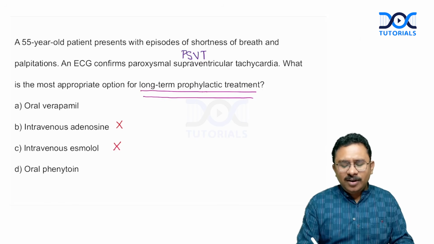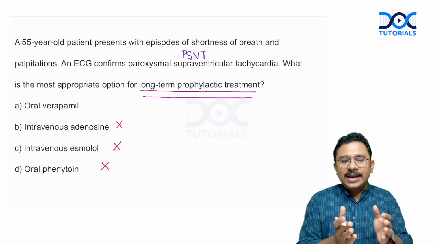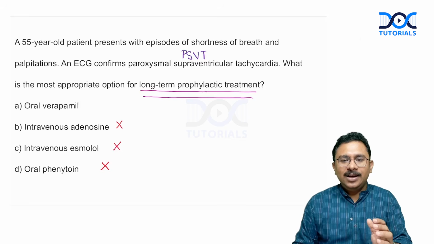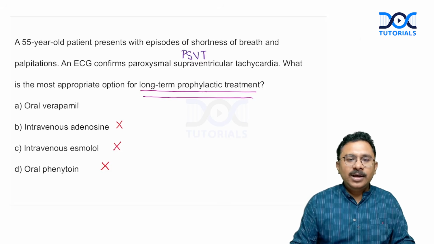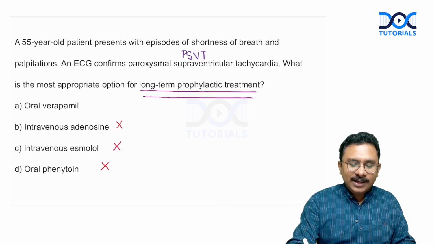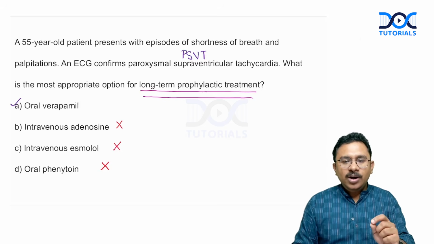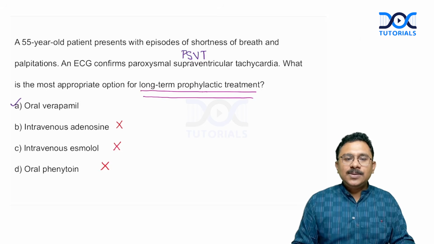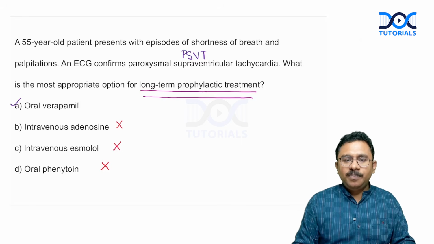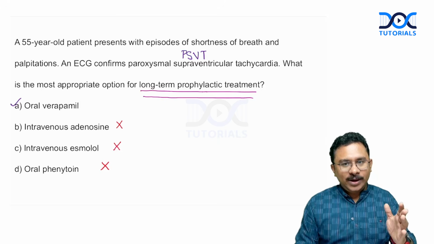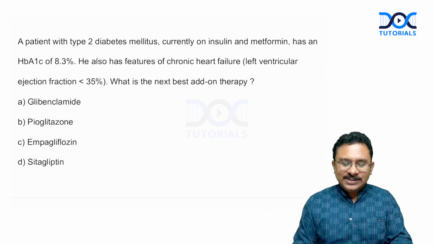And we know that oral phenytoin, though phenytoin is an anti-epileptic which has certain anti-arrhythmic potential as well, is not something that is preferred in paroxysmal supraventricular tachycardia. But yes, oral verapamil, which is a non-dihydropyridine calcium channel blocker, is a preferred agent for long-term prophylaxis against recurrence of PSVT. My answer is option A, oral verapamil. Okay, right. Let's go to the next question.